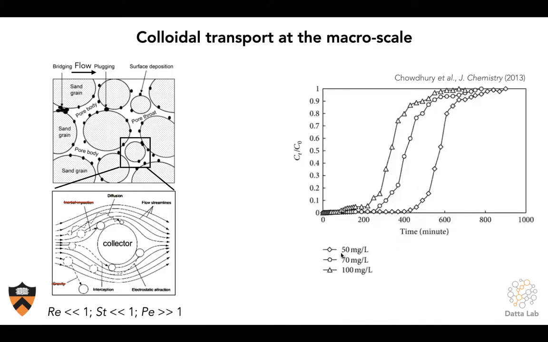The other end, which is the more complex end, of course, is you can take real full 3D complex porous media, right, and just inject a suspension of colloidal particles into it and measure what comes out, right? These are breakthrough curves or tracer tests, where here, for example, just by looking at the concentration of particles in the effluent over time, you can see eventually some particles break through, right?